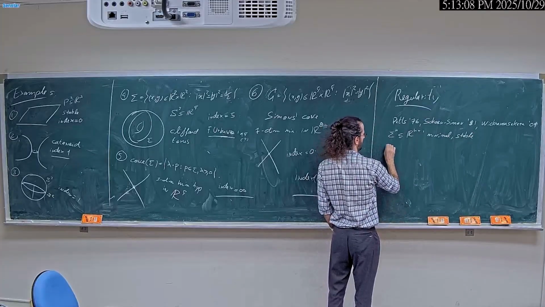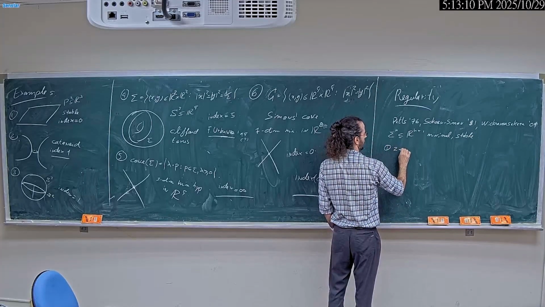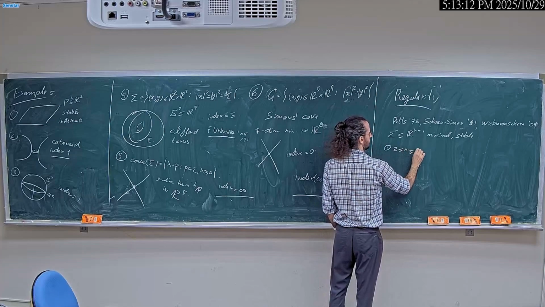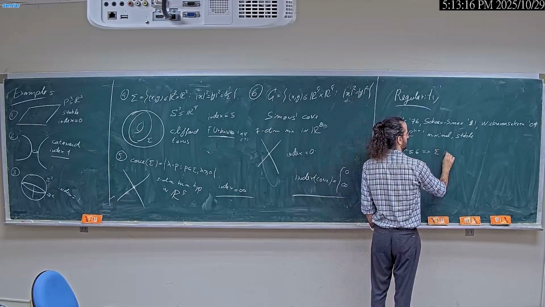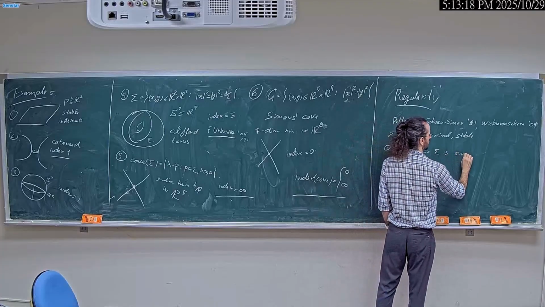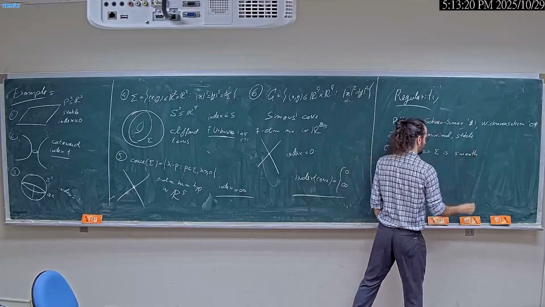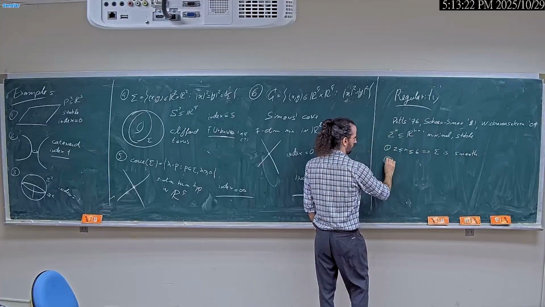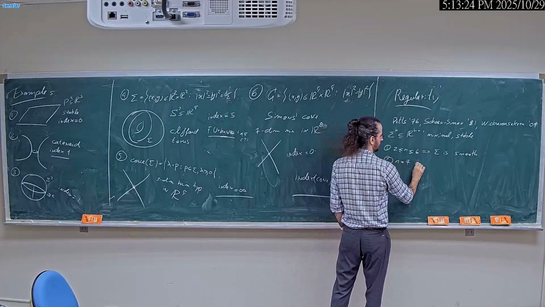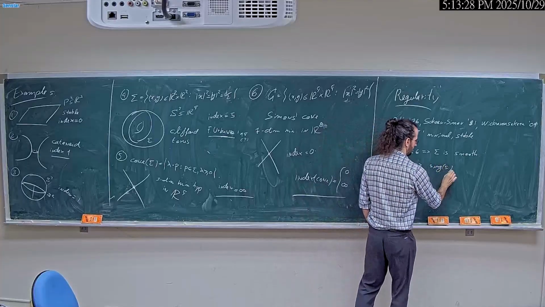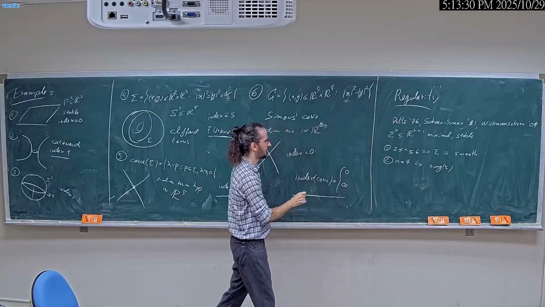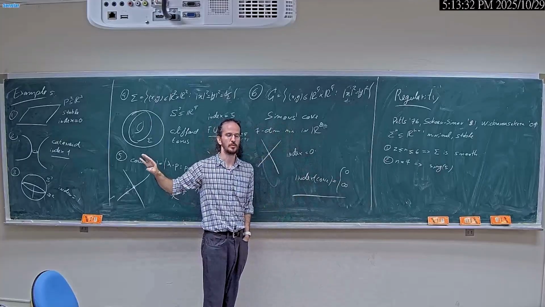Then, if the dimension is between 2 and 6, sigma is smooth. If the dimension is 7, then the set of singular points are all the points where sigma is not smooth.